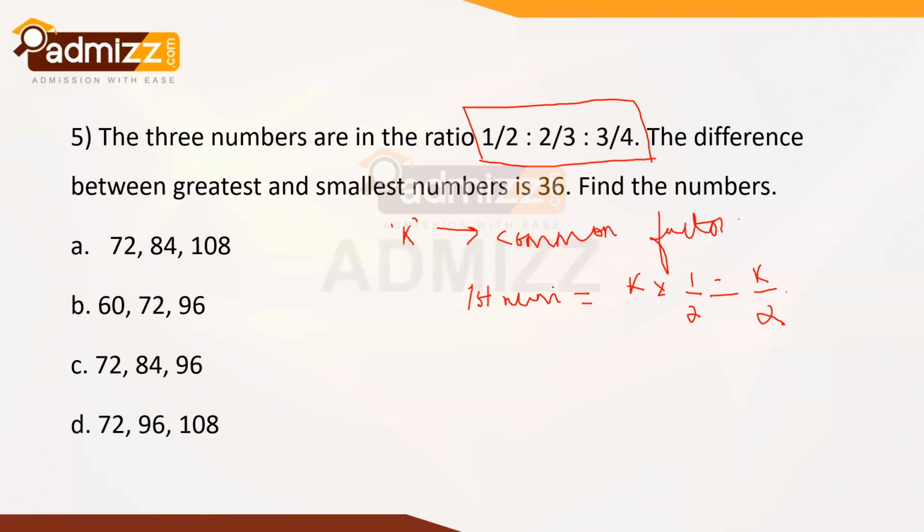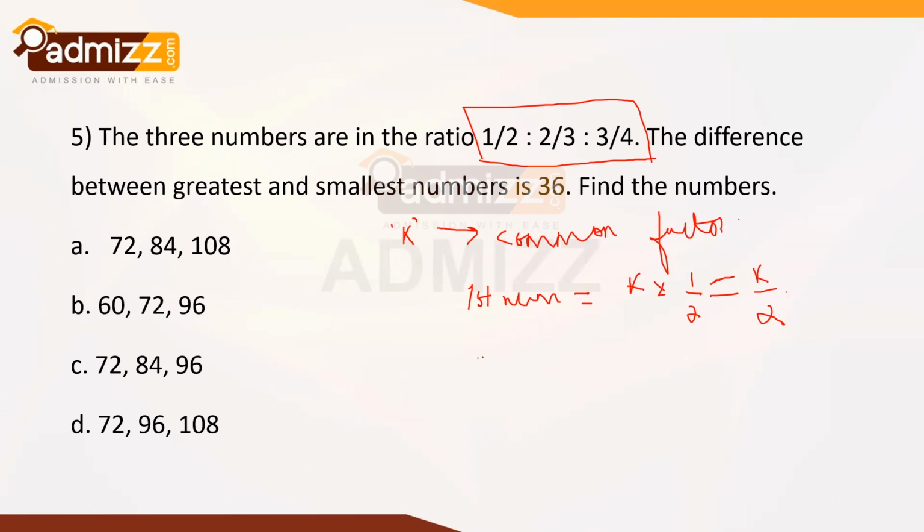The purpose of a common factor is to basically change this ratio into numeric form, that is to say, change this ratio into the numbers that we are seeking. This is a concept you'll see widely used in ratios as a whole, so keep these things in mind.